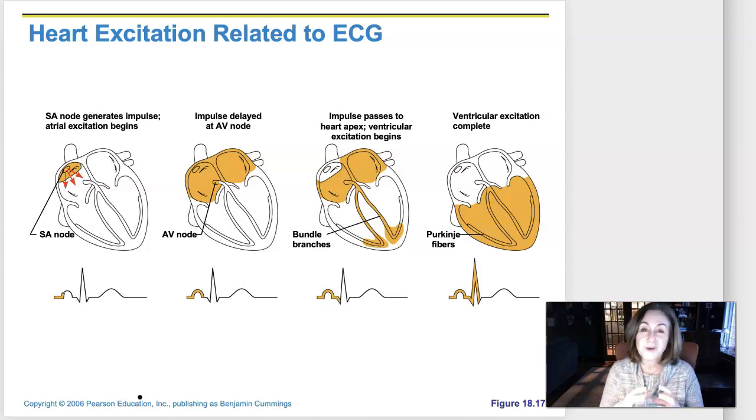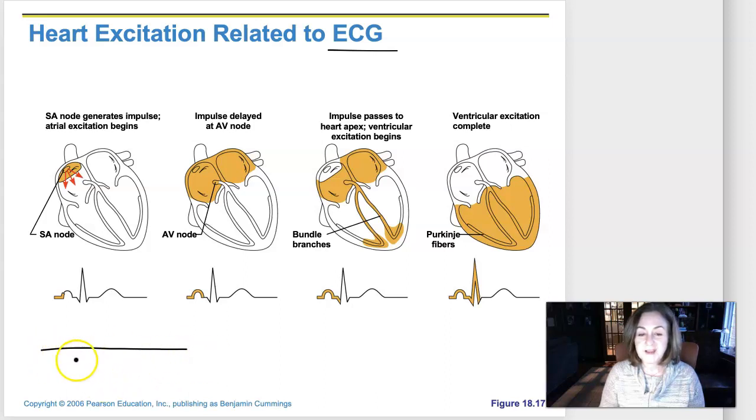Because the heart is such a big organ, these electrical changes can be measured from the surface of the skin in a non-invasive way. That's what an electrocardiogram or an ECG is. And so if there's no electrical change, all we would see on an ECG is a flat line. I hope that makes sense.